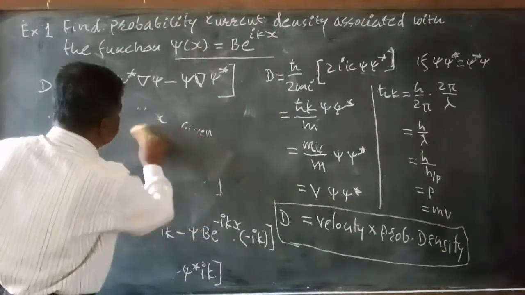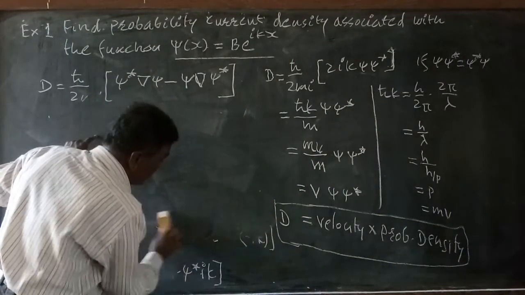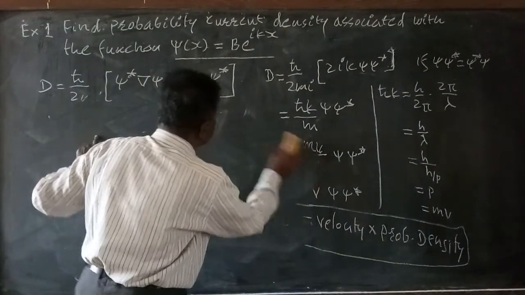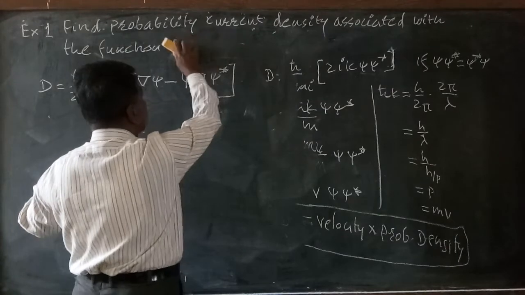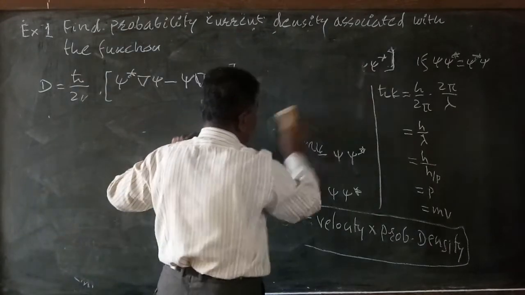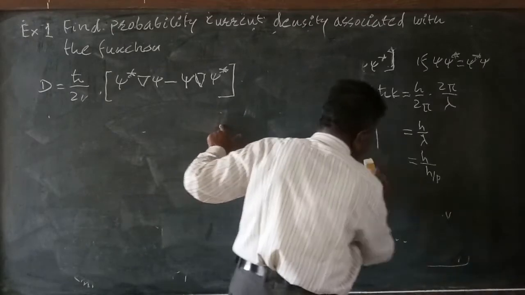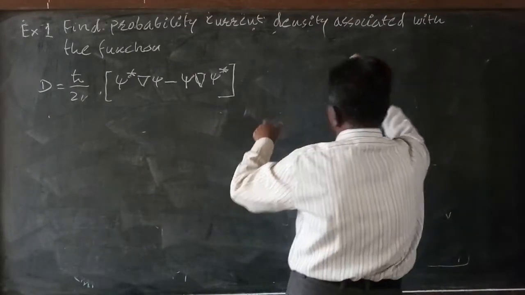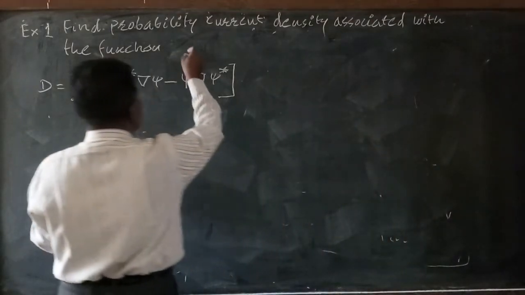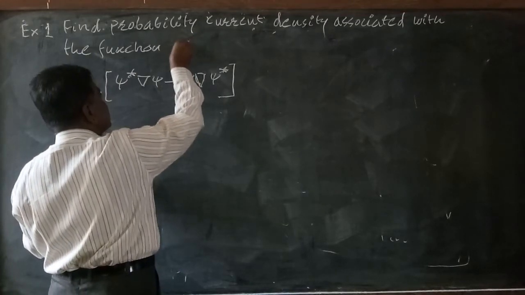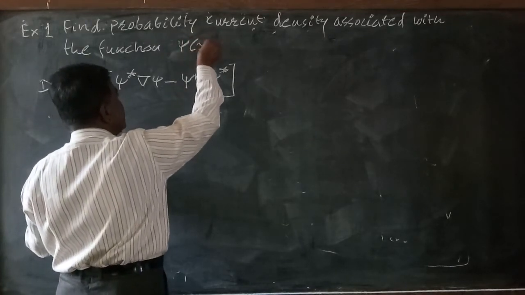Now we will consider the probability current density associated with another function. We will consider the function which is taken in quantum mechanics, suppose associated with the function ψ of x,t, a function of x and t.